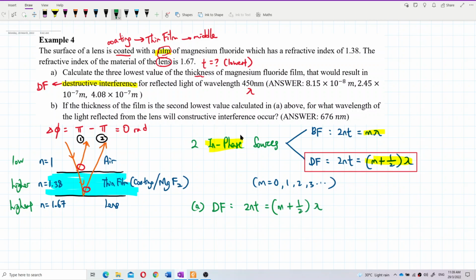Since you want the lowest value of thickness, that means when the thickness is the lowest, the order is also lowest. But what is the minimum value of order? Be careful.